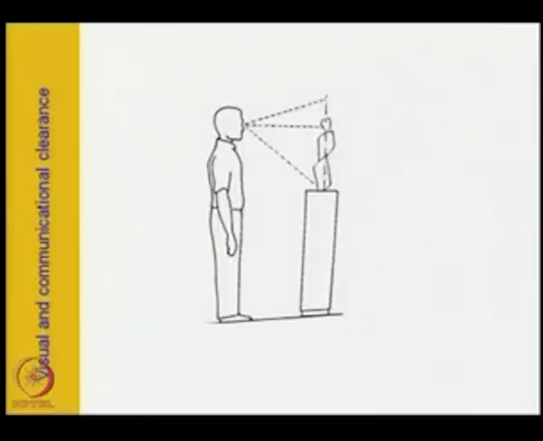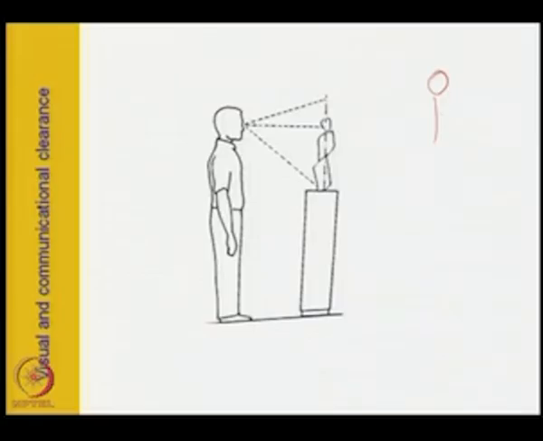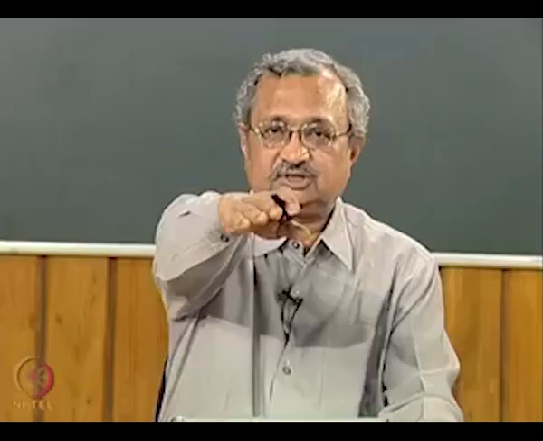Now, the thing that comes is visual and communicational clearance. Earlier we said that from this vision point, around 30 degrees up one can see without much changing the head, and below 45 degrees, and that should be within one arm's reach distance.